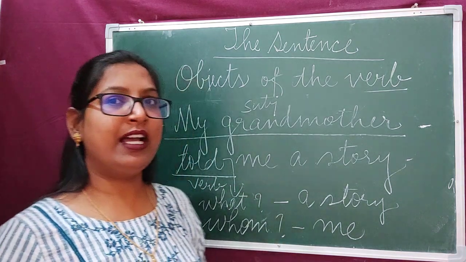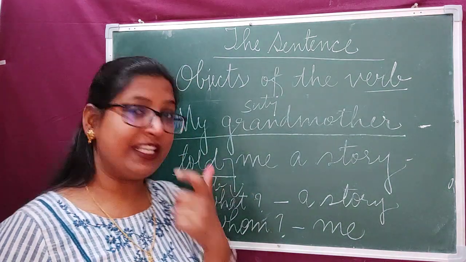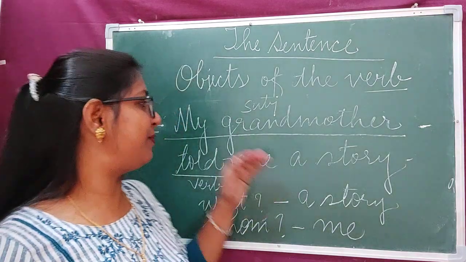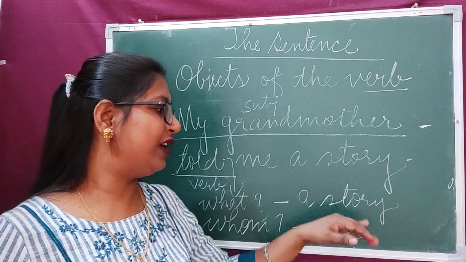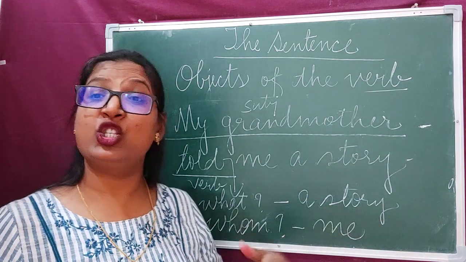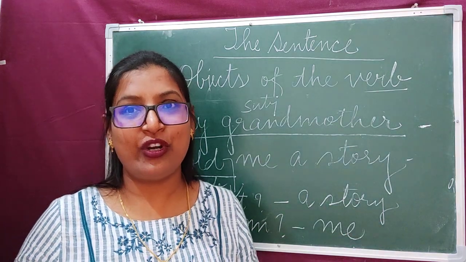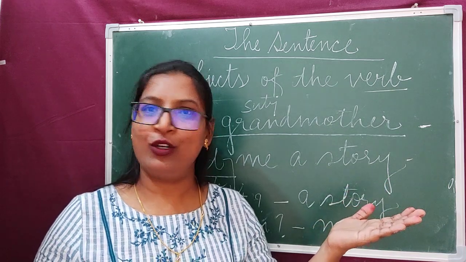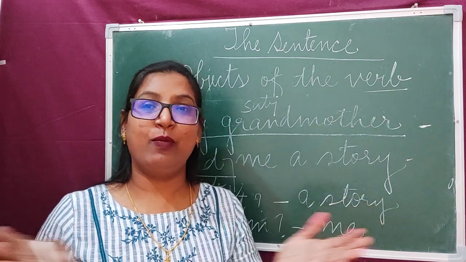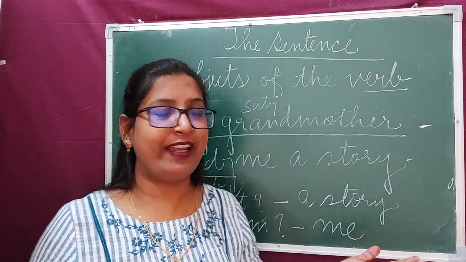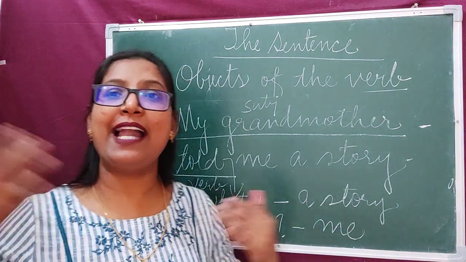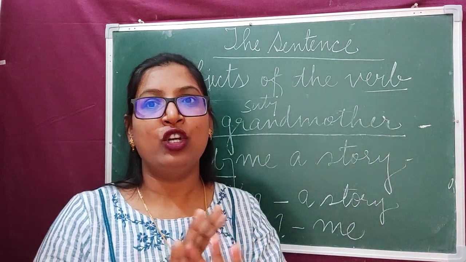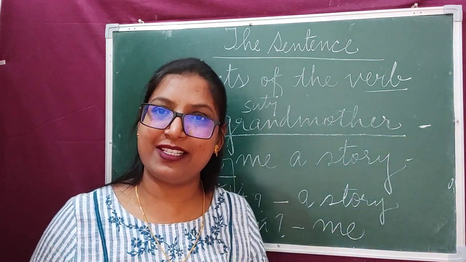Got it? Now the next step is to compare your answers with the subject. Subject is grandmother. Now let's compare story and grandmother. Are they similar? No. They both are completely different. Then me and my grandmother, can they be same? No. Both are different. Clear?